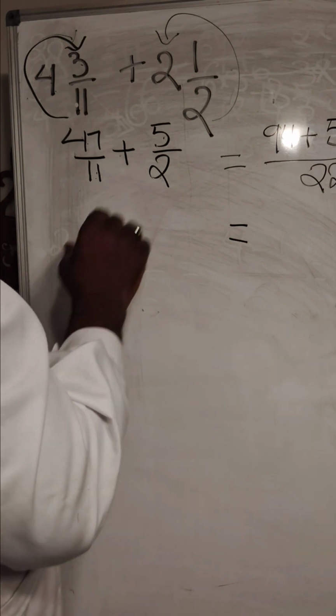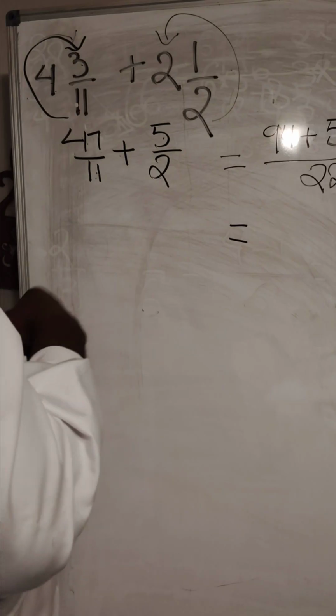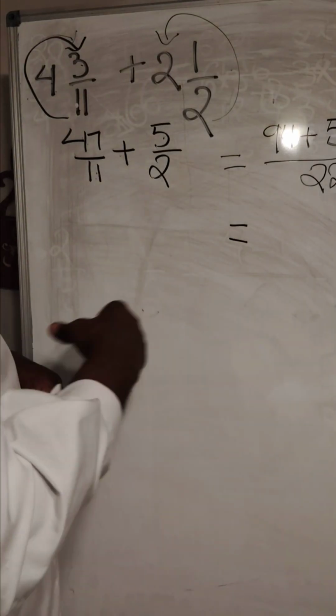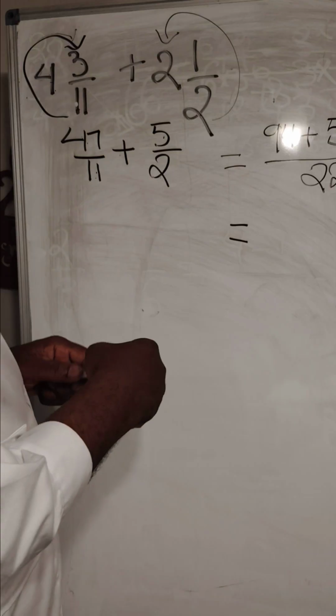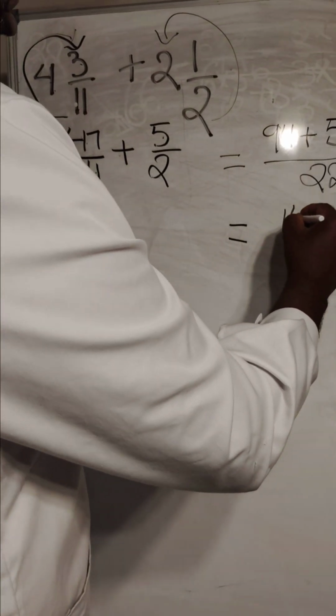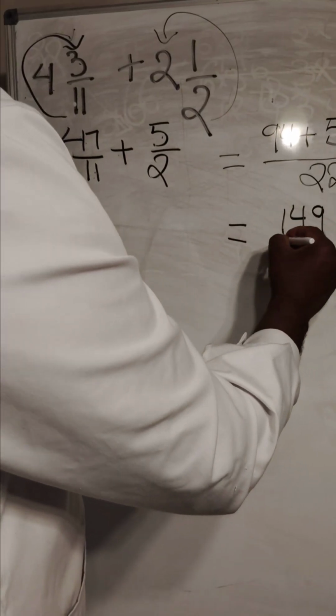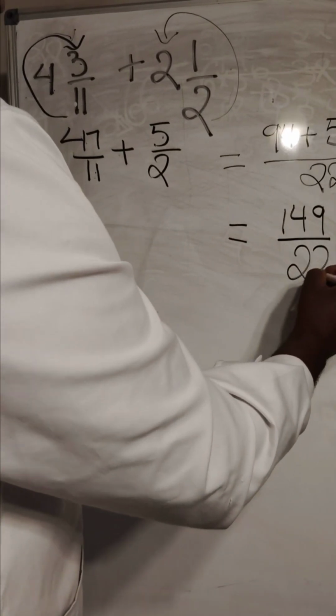But remember, I added the 6 that I did not have. I can now remove my 6. So when I remove 155 minus 6, I will have 149. So 94 plus 55, you have 149 over 22.